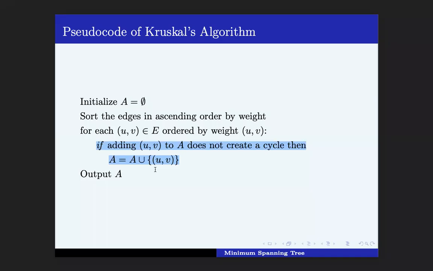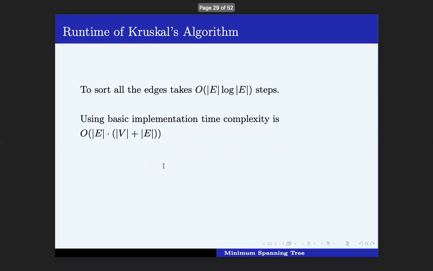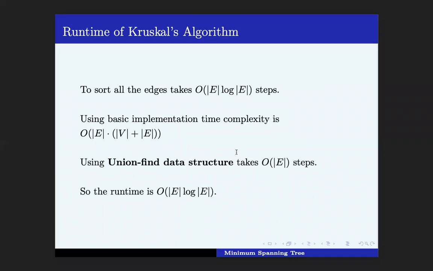So there are data structures which mean that if you store the right thing at the right place, then that might help you do this whole thing in order one step. And one such thing that helps you do it is the union find data structure.